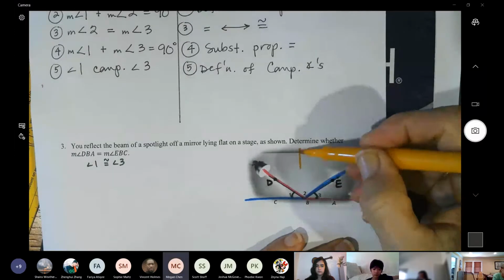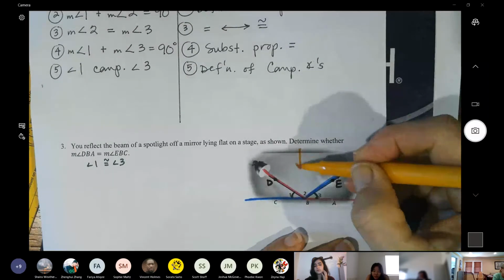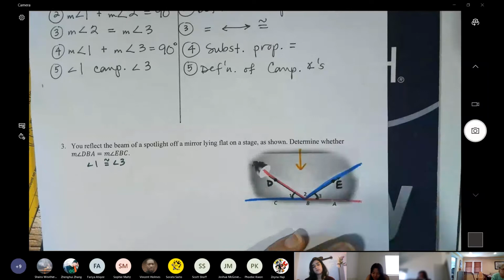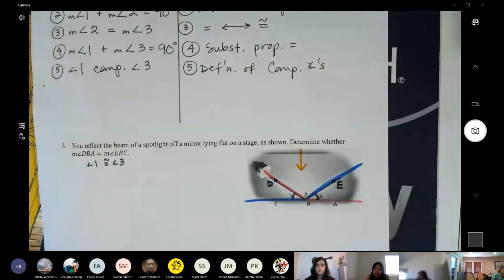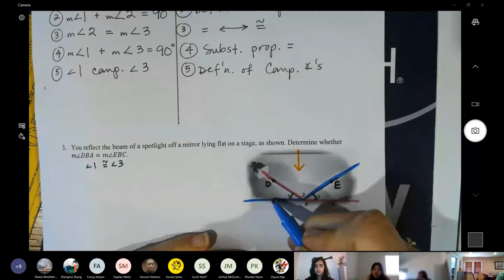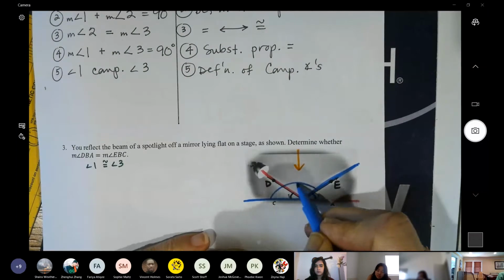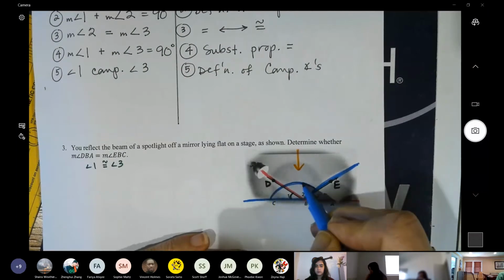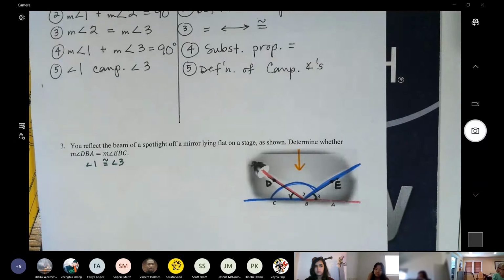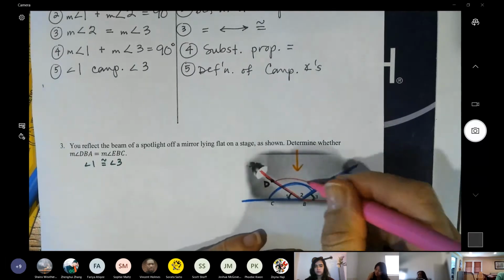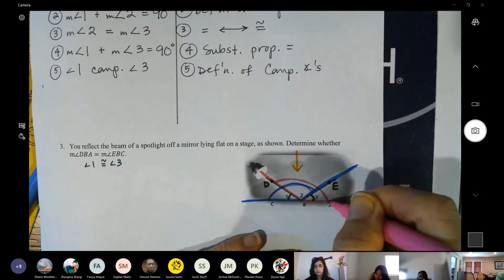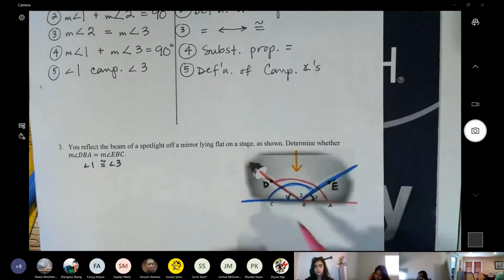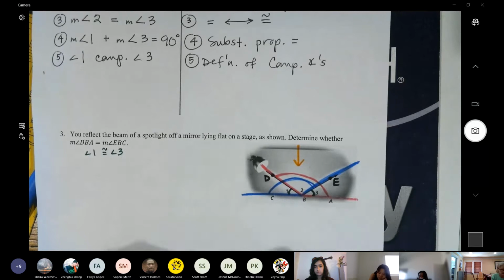Since angle 1 is congruent to angle 3, you could say that angle 1 plus angle 2 is congruent to angle 2 plus angle 3. Yes, you can. So here's the big angle. Here's the big angle. See where they both overlap in angle 2?